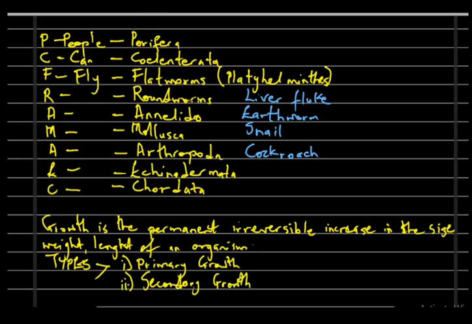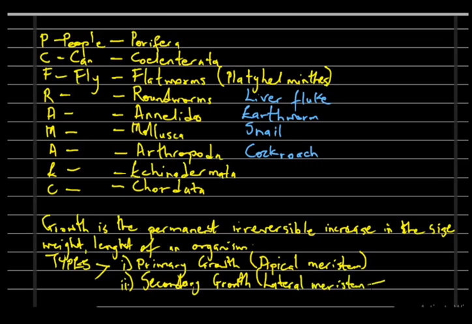When we talk about the primary growth, we are talking about growth in the apical meristem. Both of them take place at the meristem, but for primary growth, it is in the apical meristem. And then for the secondary growth, we have it in the lateral meristem.